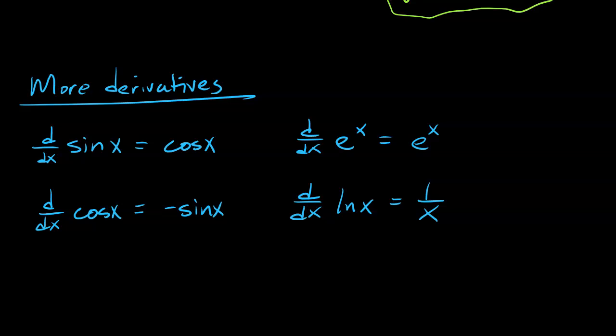That's because the slope at any spot on e to the x is the same as e to the x. So the slope at x equals 2 is e squared, and the point at x equals 2 is e squared.